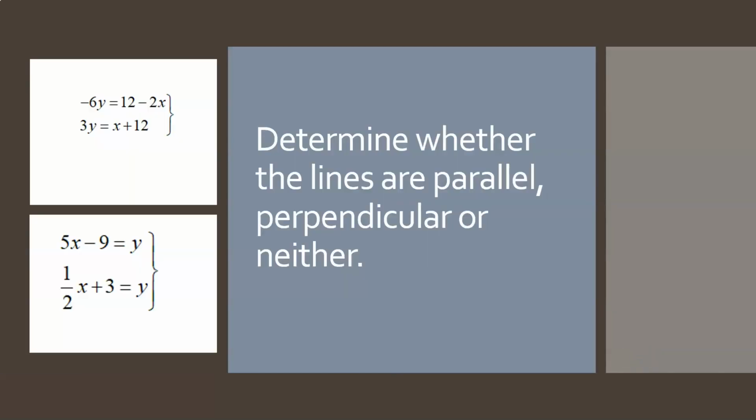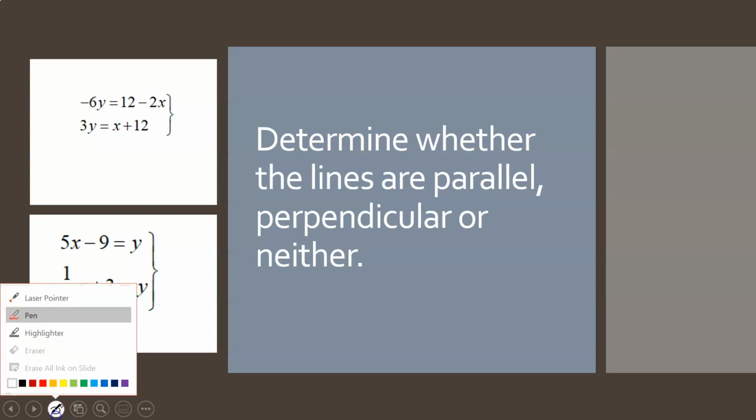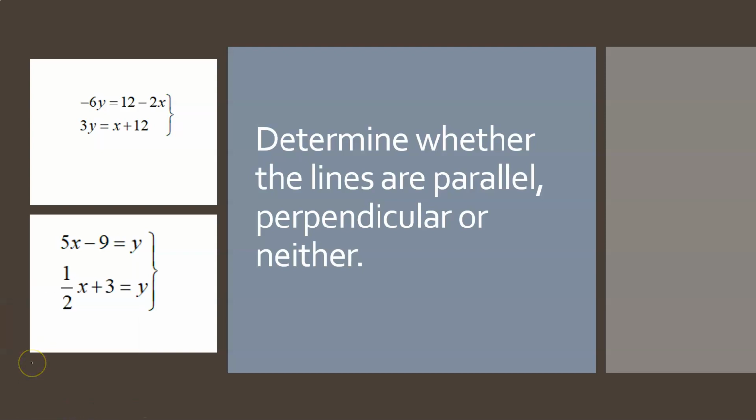Okay, they're smaller, but look over here. Let me get a black pen. So let's rearrange this. If I have -6y equals 12 minus 2x, I got to divide everything by -6. That's the biggest negative sign I've ever seen.